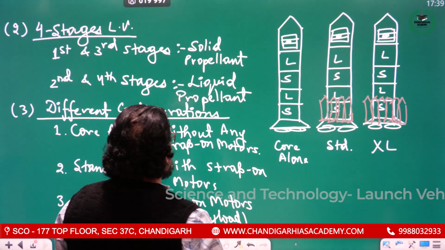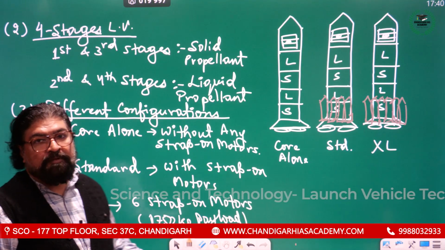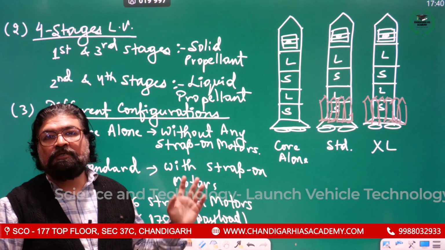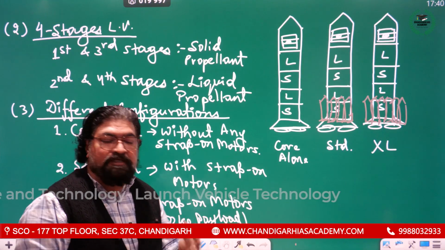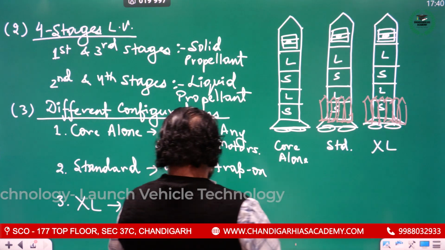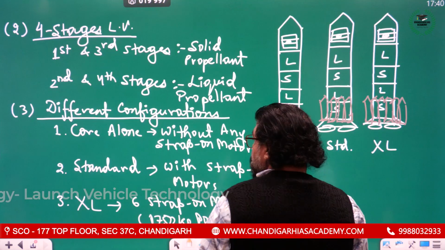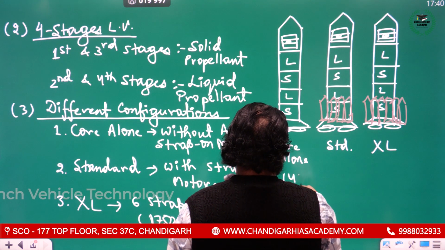The extra large XL was first used in the Chandrayaan 1 mission in 2008, then in the Mangalyaan mission. And you know that PSLV is said to be the most reliable workhorse of ISRO.